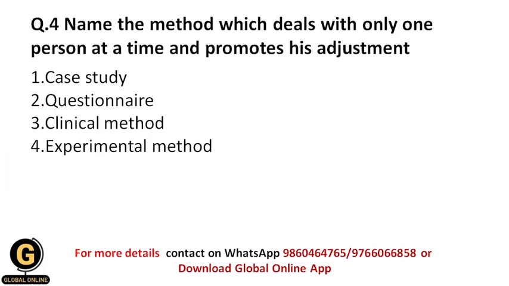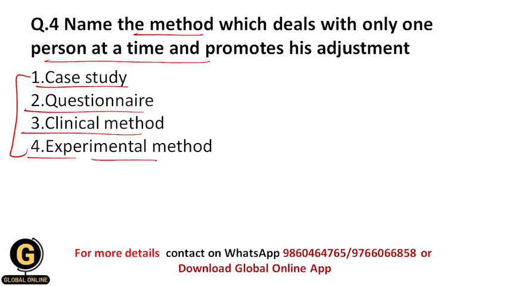Okay, next is: name the method which deals with only one person at a time and promotes his adjustment. From these methods, which deals with only one person at a single time and also promotes his adjustment? Whether it is case study, questionnaire, clinical method or experimental method.